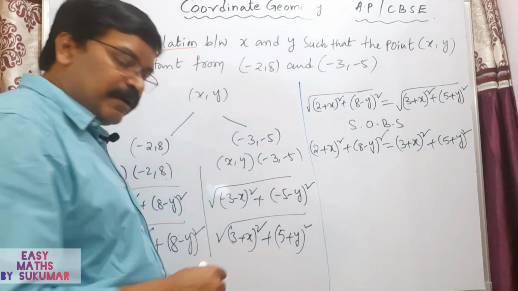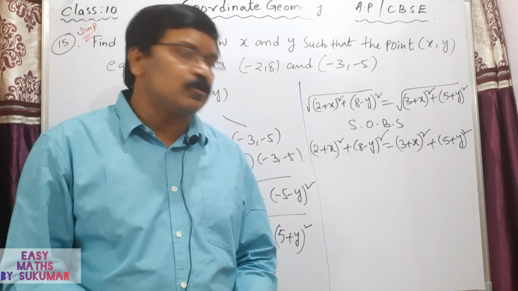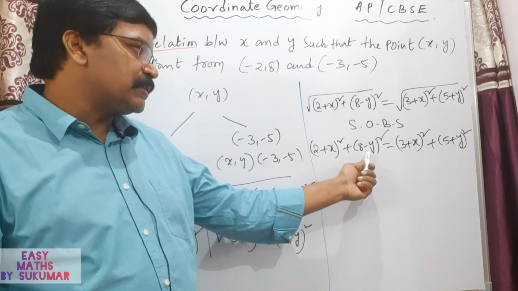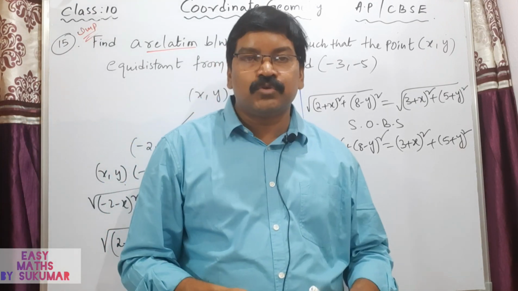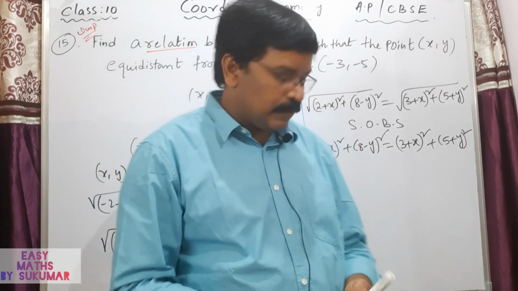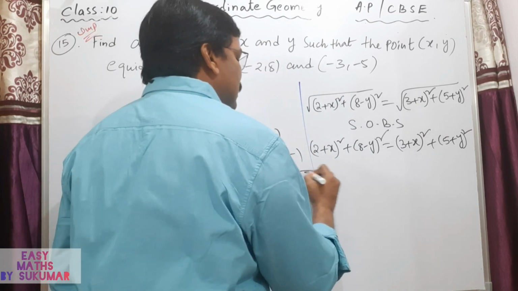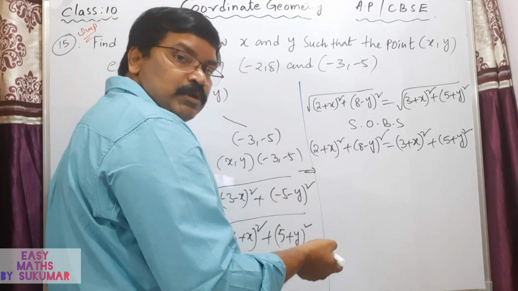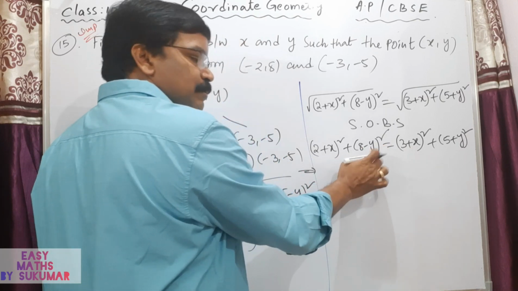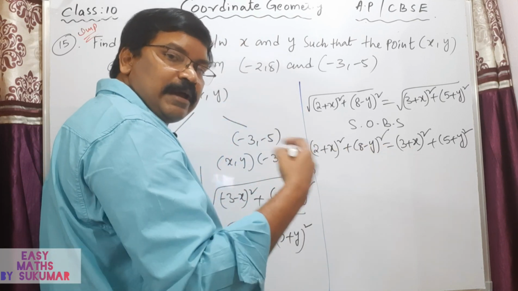Okay, now let us expand using (a plus b) whole square, but here we should use (a minus b) whole square for the 8 minus y. What is (a plus b) whole square? a square plus b square plus 2ab. (a minus b) whole square means a square plus b square minus 2ab.